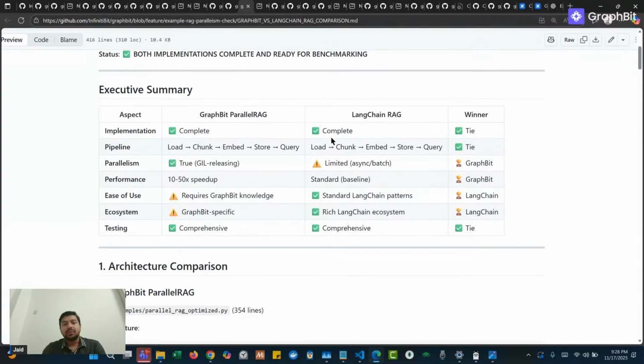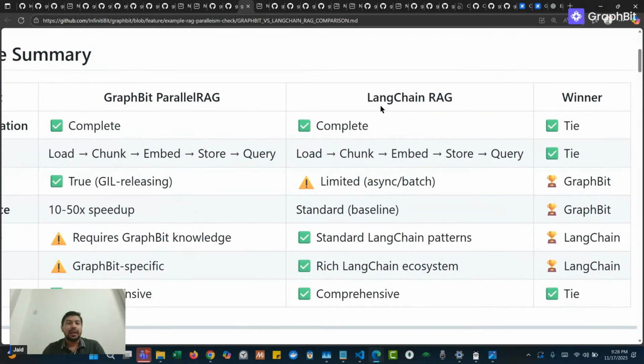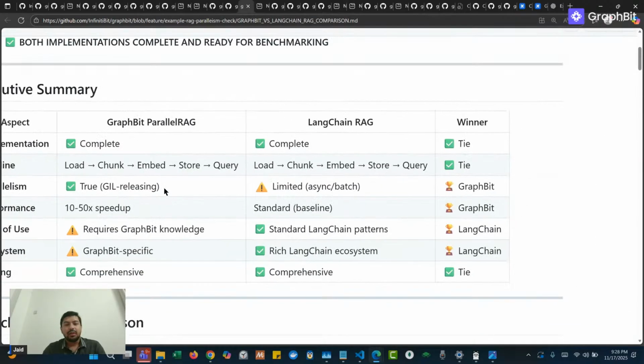But when it comes to Python-based frameworks like LangChain compared to a Rust-based framework like GraphBit, the key differentiator would be the GIL, the global interpreter lock. LangChain and other Python-based frameworks really struggle with these kinds of constraints. But with GraphBit, we have engineered it in a way that it releases the GIL and the global semaphore.